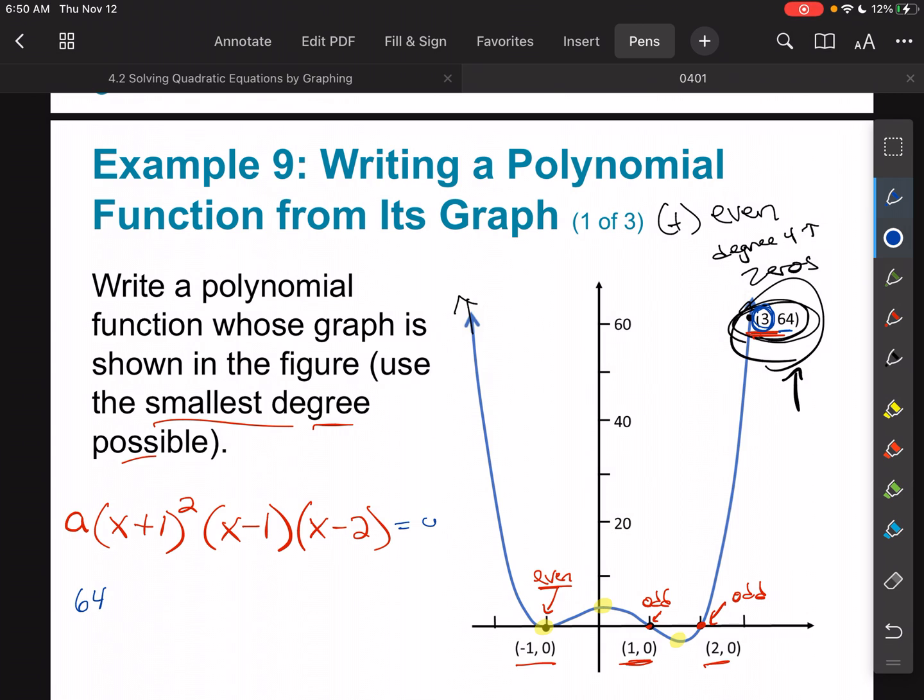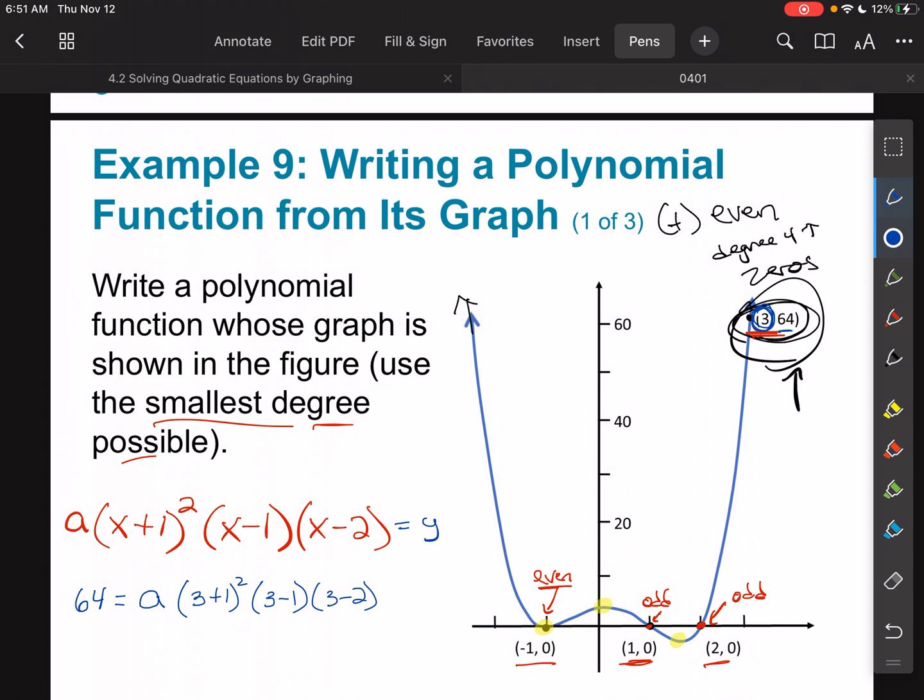This whole thing is equal to y, so if my y value is 64, I need to solve for a if x is 3. So I can say 3 plus 1 squared times 3 minus 1 times 3 minus 2. I'm just plugging in my 3 for x, and we won't put the equals y because I have 64 over there.